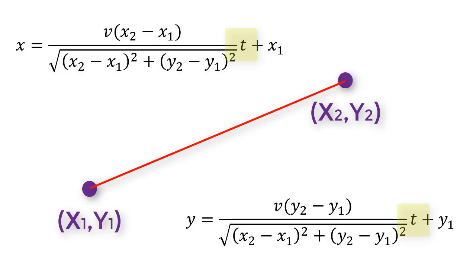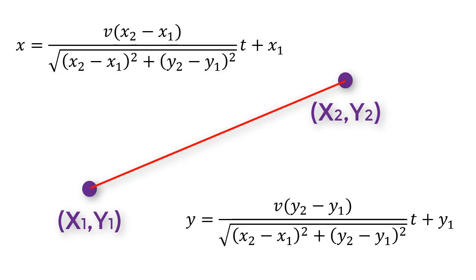Here, t is the current time, and v is the velocity of the end effector, the speed at which we want the end effector to be moving through space. We have one equation to find the x position of the end effector at any point in time, and one equation to find the y position of the end effector at any point in time.